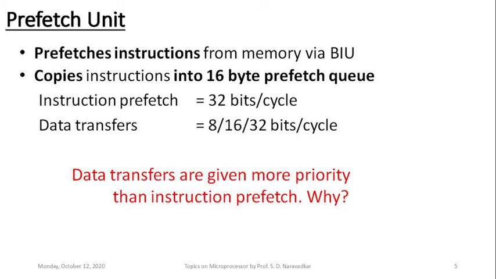Now here is one question highlighted. In the case of the 80386DX processor, data transfers are given more priority than instruction prefetch. This is the fact. But why are data transfers given more priority?